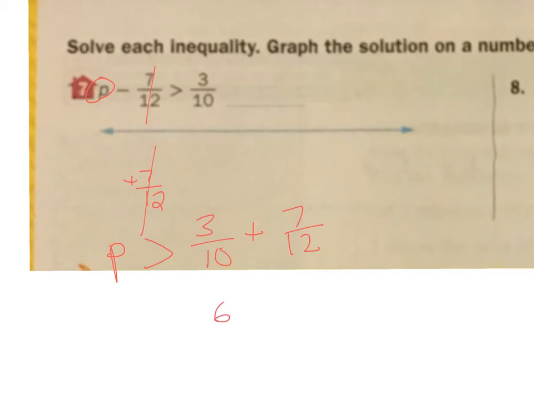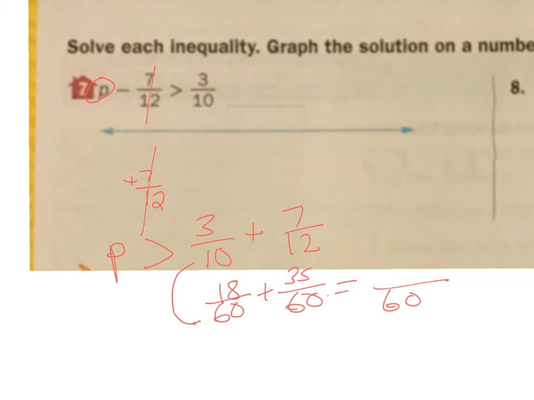And I'm going to go with 60. Both of those numbers go into 60. So 10 times 6 gets me there. So 3 times 6 is 18. Let's see. 12 times 5 gets me to 60. So 7 times 5 is 35. Now I can add those.